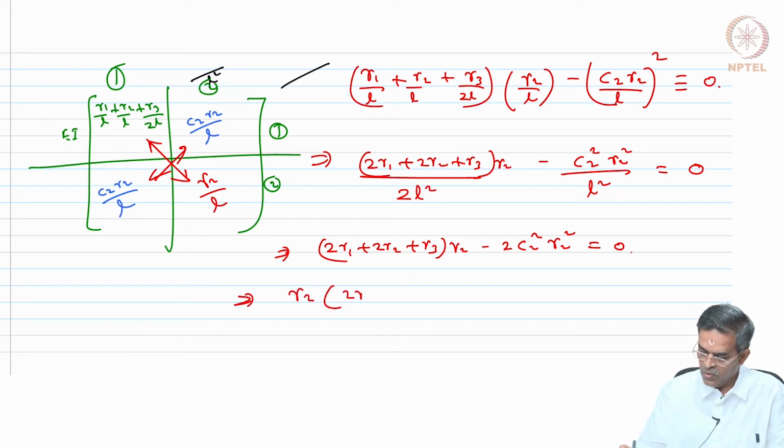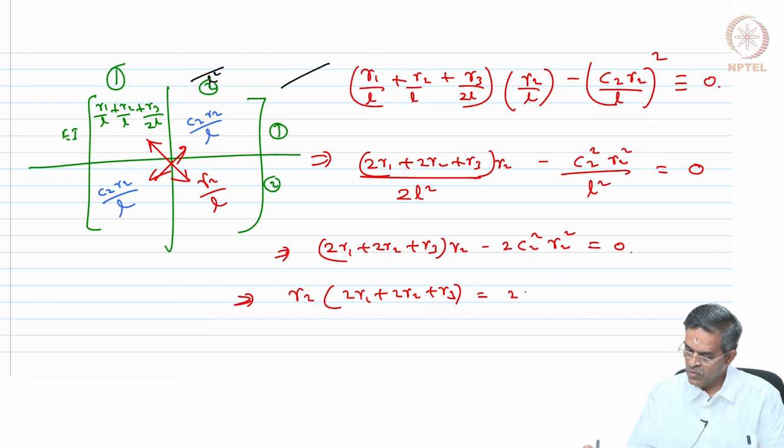R2 times 2R1 plus 2R2 plus R3 is equal to 2R2 square of C2 square.